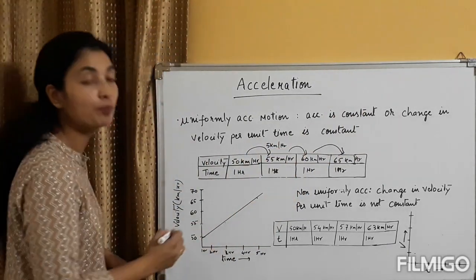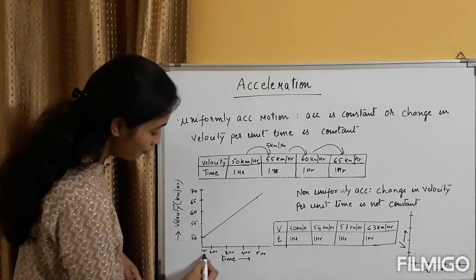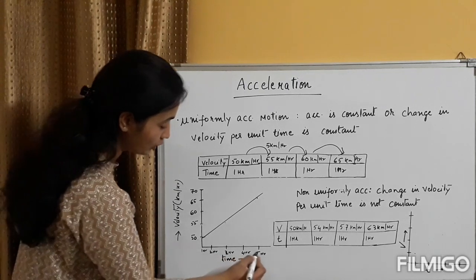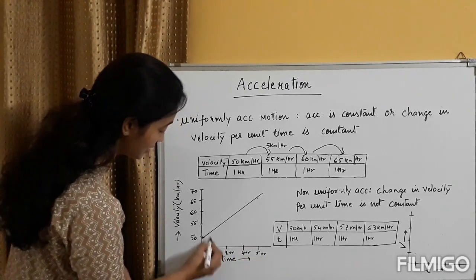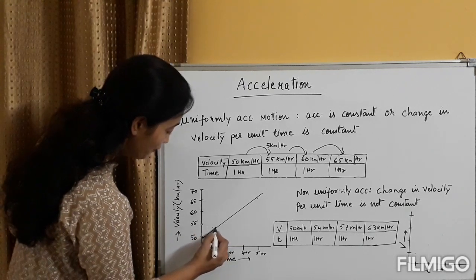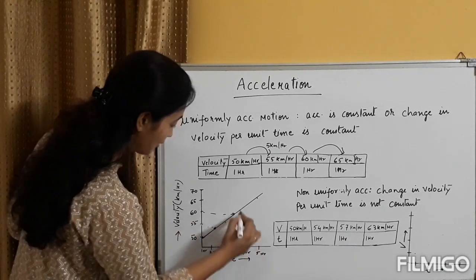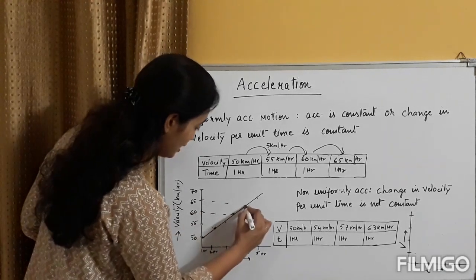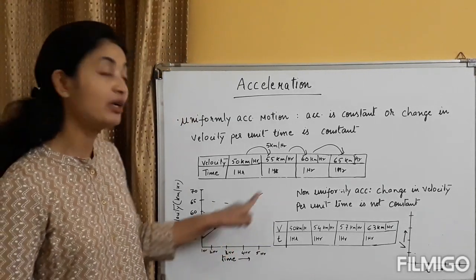If we try to plot a graph for uniform acceleration: first hour, second hour, third hour, fourth hour, fifth hour. The velocity in the first hour is 50. In the second hour, it goes to 55. In the third hour, it comes out to be 60. In the fourth hour, it comes out to be 65, and so on. So what type of graph are we getting?